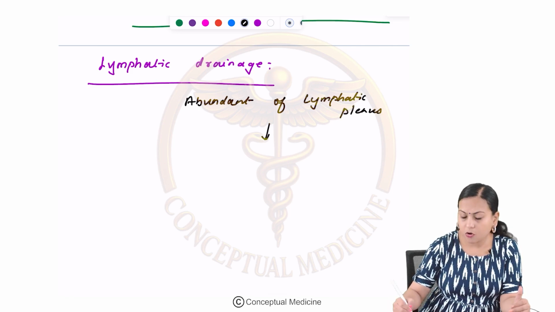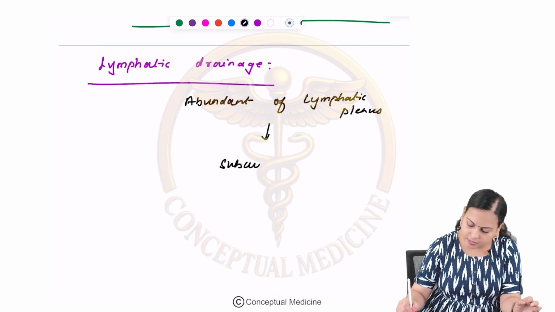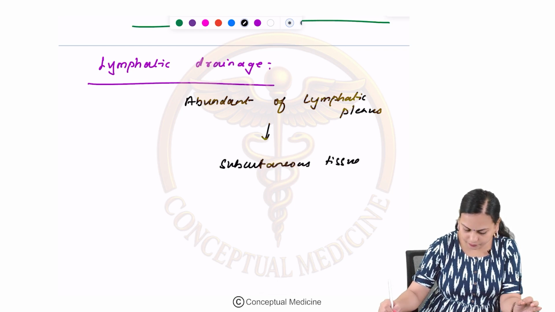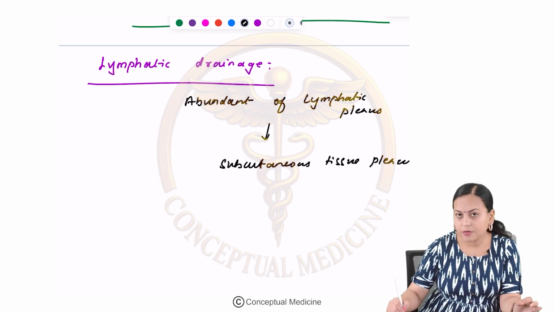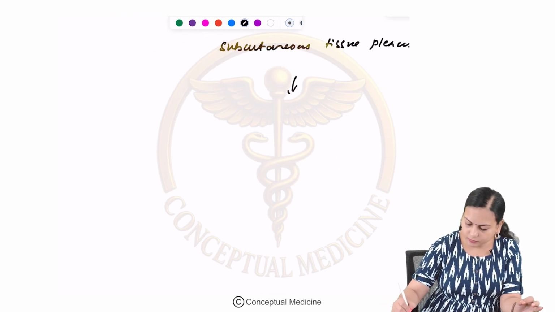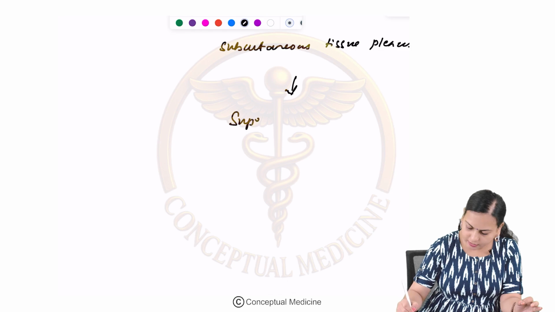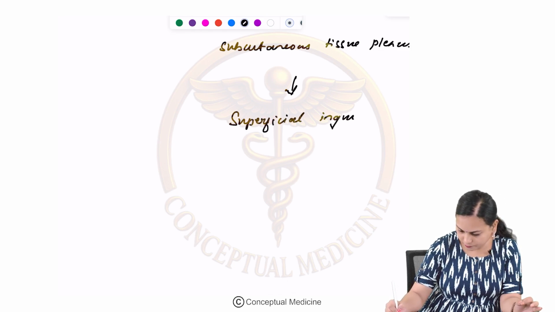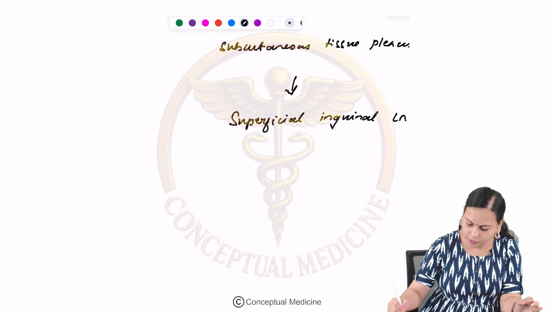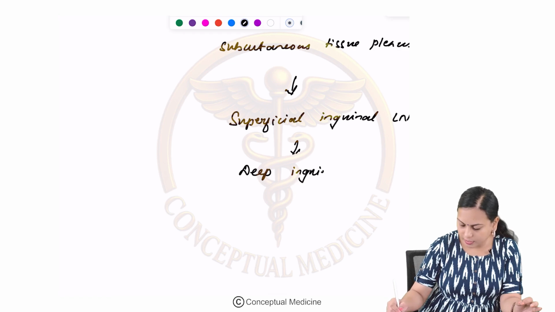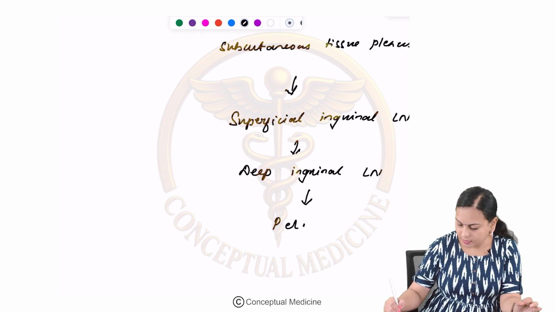And it is also connected to the subcutaneous tissue plexus as well, and this will be draining into the superficial inguinal lymph node, followed by the deep inguinal lymph node, and finally this may go to the pelvic nodes.